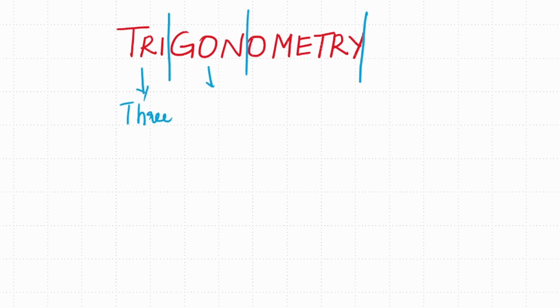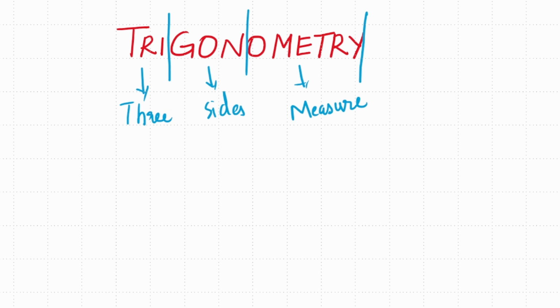Gon means sides. Metry means measure. So trigonometry is all about learning the relation between the sides and the angles of a triangle, which is mainly the right angle triangle.